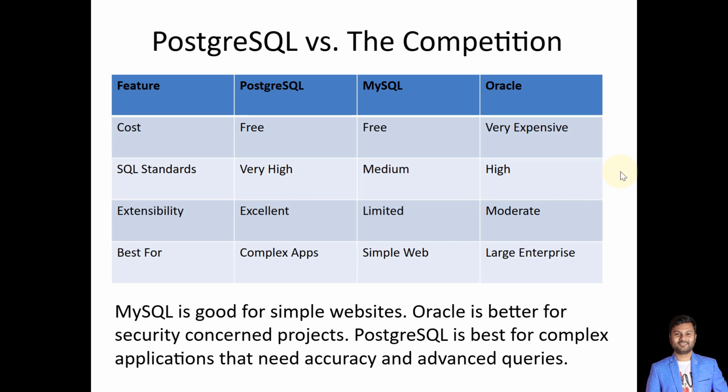MySQL it is limited, and in Oracle it is moderate. And PostgreSQL is best for complex applications, MySQL is for simple applications, and Oracle is best for large enterprise. So in summary, MySQL is good for simple websites, Oracle is better for security concern projects, whereas PostgreSQL is best for complex applications that need accuracy and advanced queries.